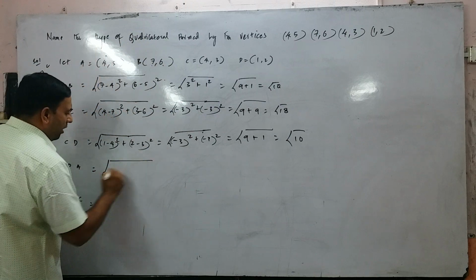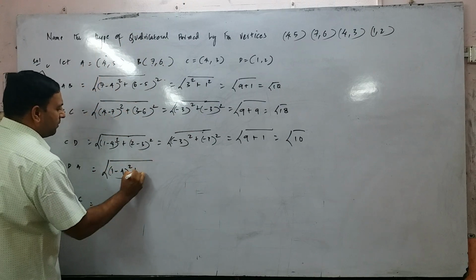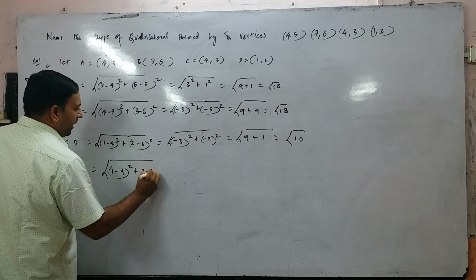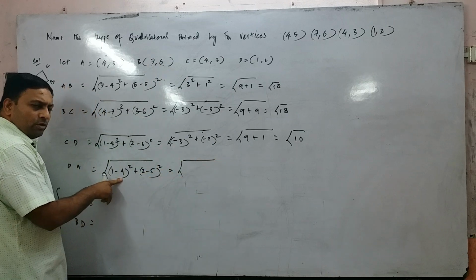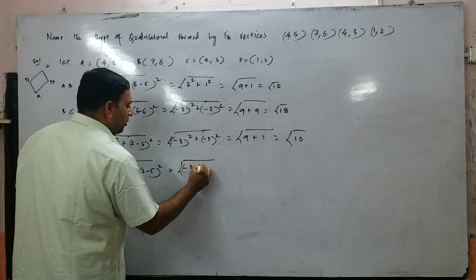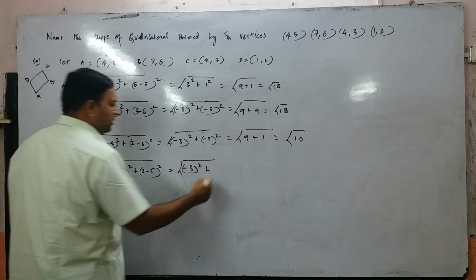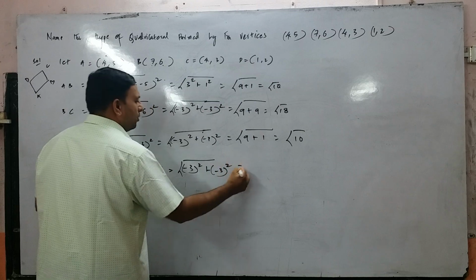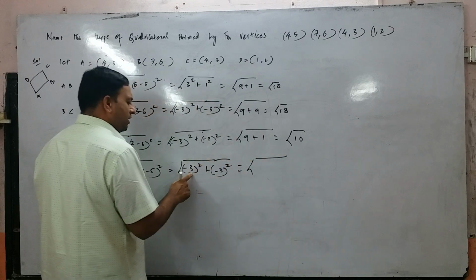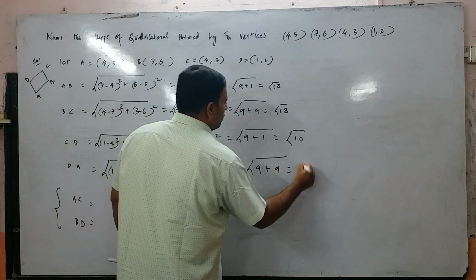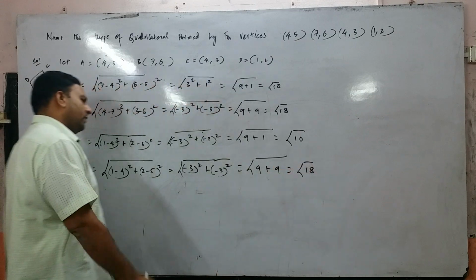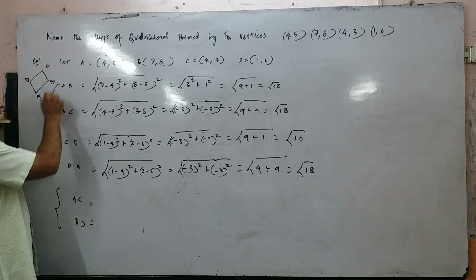It is under root of (1 minus 4) whole square plus (2 minus 5) whole square. That is minus 3 whole square plus minus 3 whole square, which is 9 plus 9, so root 18. Now these were the sides.